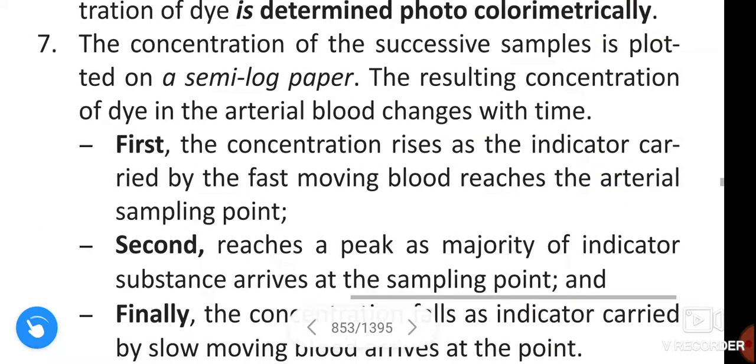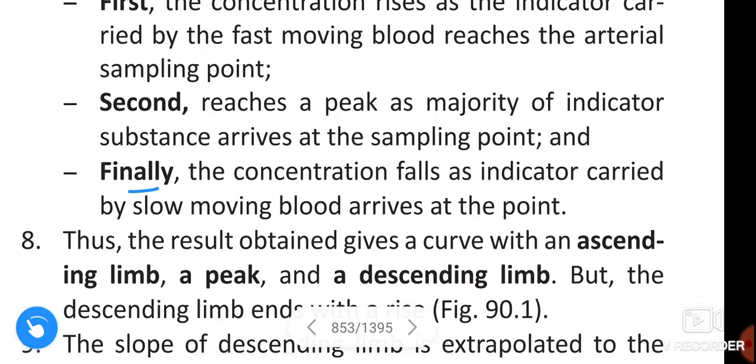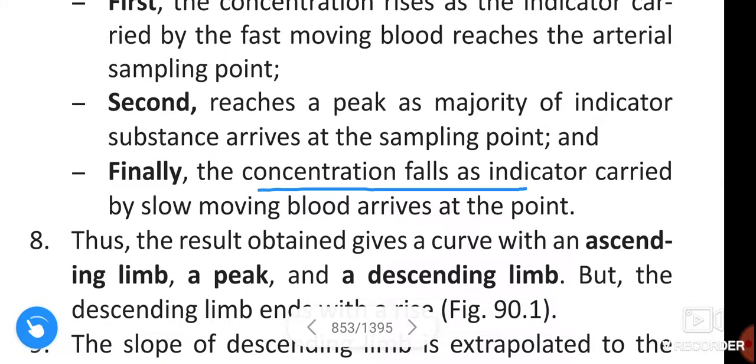First, the concentration rises as the indicator carried by the fast moving blood reaches the arterial sampling point. Second, it reaches the peak as the majority of the indicator substance arrives at the sampling point. Finally, the concentration falls as the indicator carried by slow moving blood arrives at the point.